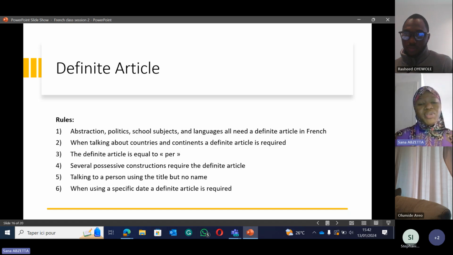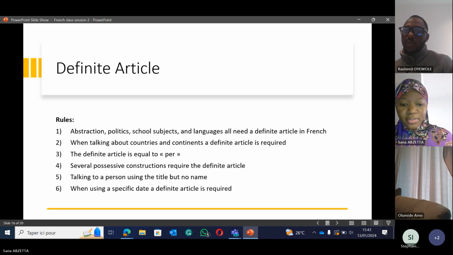Also, if you are talking about a person's title, I saw someone here during the dinner gala. He was talking to Nabi, the president of IC. Normally, you say in English, Mr. President. You cannot say Mr. the President. But in French, you have to say Monsieur le Président. If you are talking to someone using his title, you have to use the definite article.